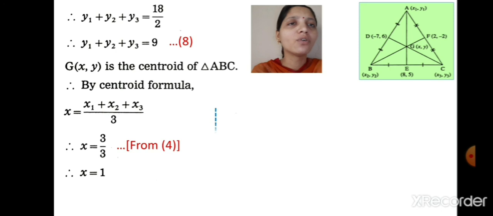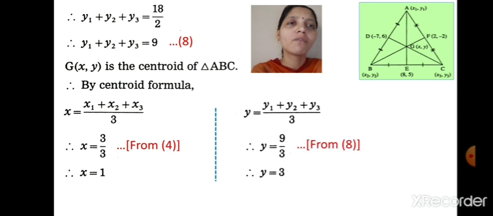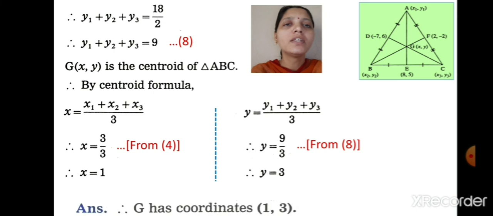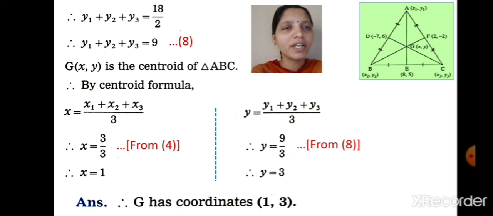Now let's find out the y coordinate. y is equal to (y1 plus y2 plus y3) upon 3. Now y1 plus y2 plus y3 is 9 from equation 8. So 9 upon 3 is equal to 3. So this will be your y coordinate. Therefore, centroid G has coordinates (1, 3). Hence we have solved this sum.